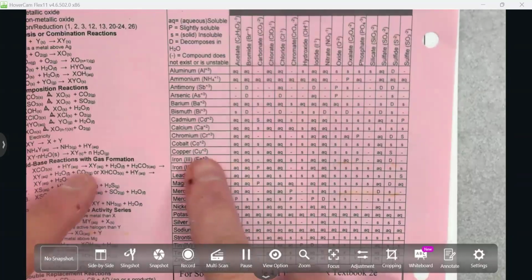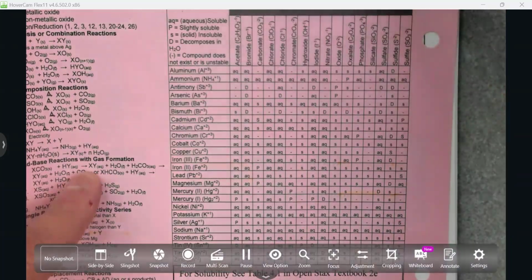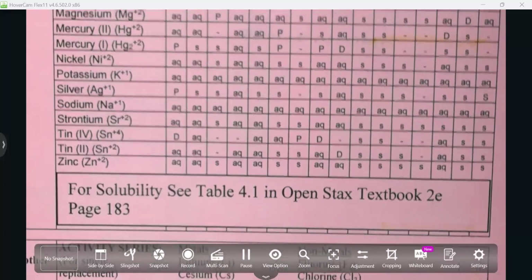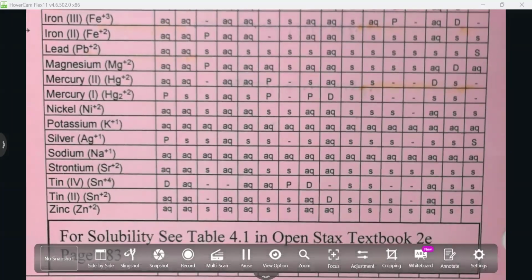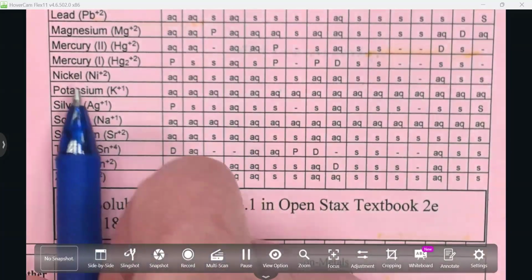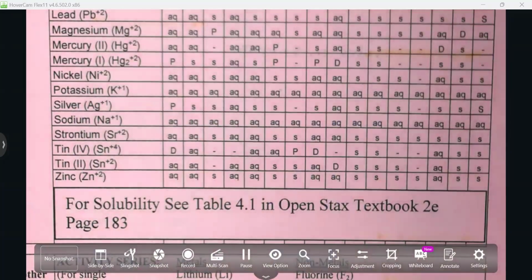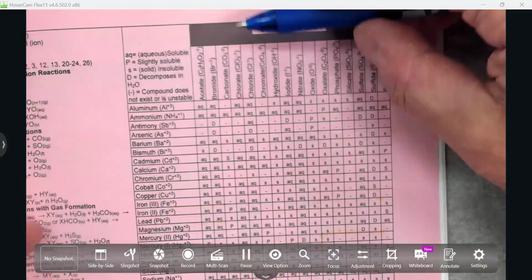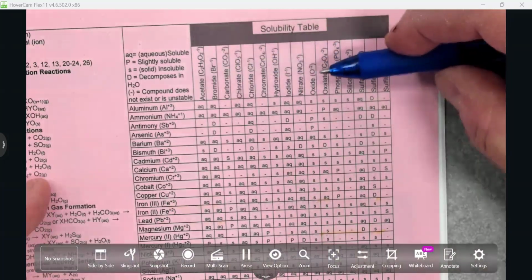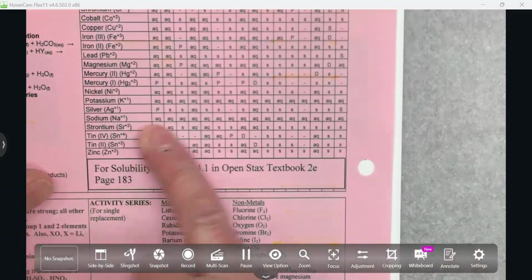So in this case, copper 2 chloride, if I grid this out, well, actually, let's just look at this. There's AQ all the way across 2 rows, AQ all the way across for potassium. The positive ion is here, and the negative ion is here, so we can grid it. And the other one is sodium, AQ all the way across.